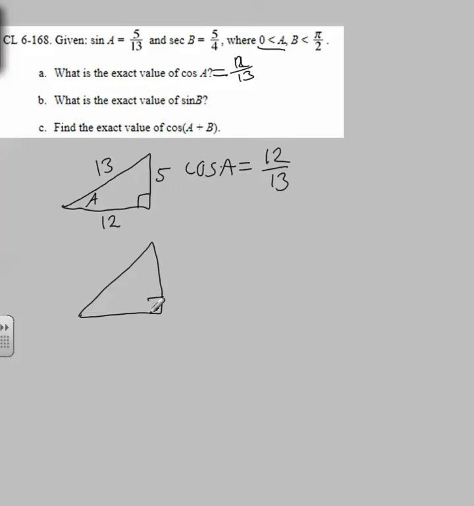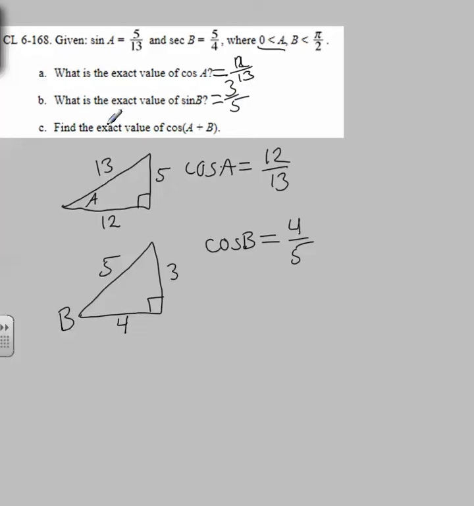So here's another angle oriented as in quadrant 1. Here's angle B. Secant is the reciprocal of cosine, so I know that my cosine of B must be 4/5, because that's the reciprocal. So cosine is adjacent over hypotenuse, 4 over 5. So Pythagorean triple again. I know this missing side must be 3. Therefore, the sine, opposite over hypotenuse, is 3/5.